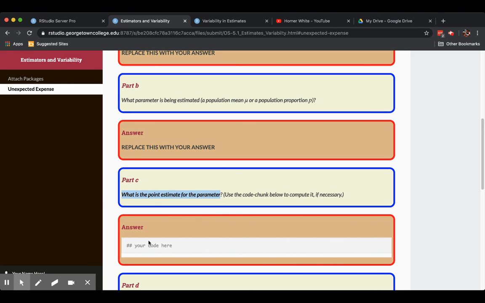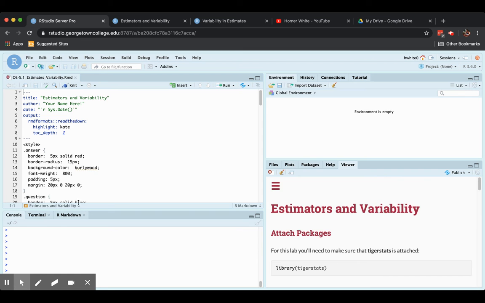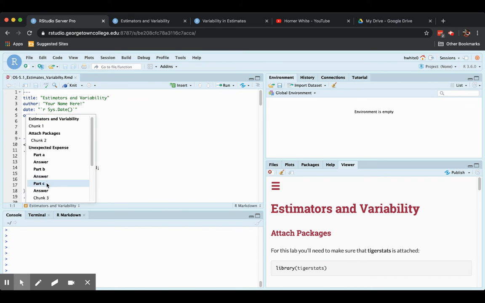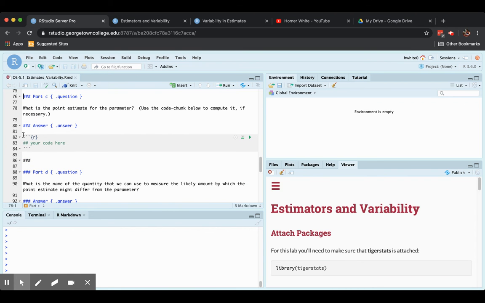And so what you'll do is you'll go into the code chunk that's provided in the answer section, and you are going to replace this little comment with some math computations that compute the point estimate for the parameter. You don't actually have to write the answer to your computations. That will be provided when you knit up the document with the computation here in the code chunk. And you'll be able to find it right away for yourself just by pressing run current chunk once you put in the right computation.